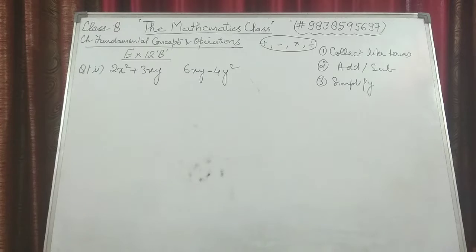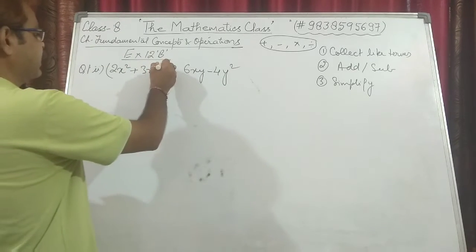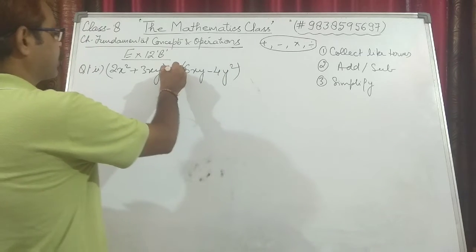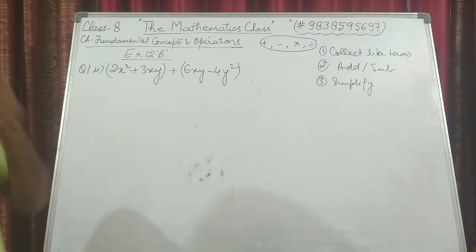These are two terms to be added, so we'll put a bracket. This is one term, to be added to the second term. In between we put a plus sign because the question says add.